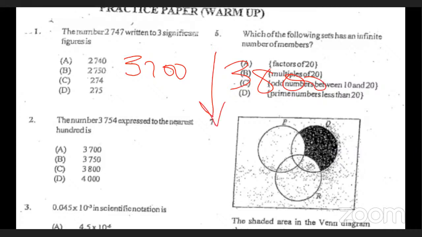In between the two is 3,750. If you think of the number we have here, 3,754, which side would you put it on? If you were picking a team and putting persons on a team, which side would you put it on? Would you put it on the 3,700 side or the 3,800 side? 3,800. All right, so that's what Miss Campbell was saying.